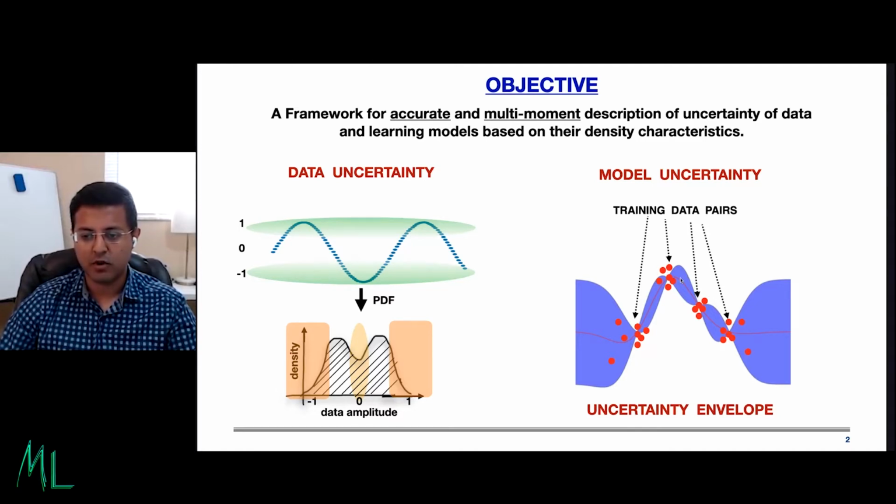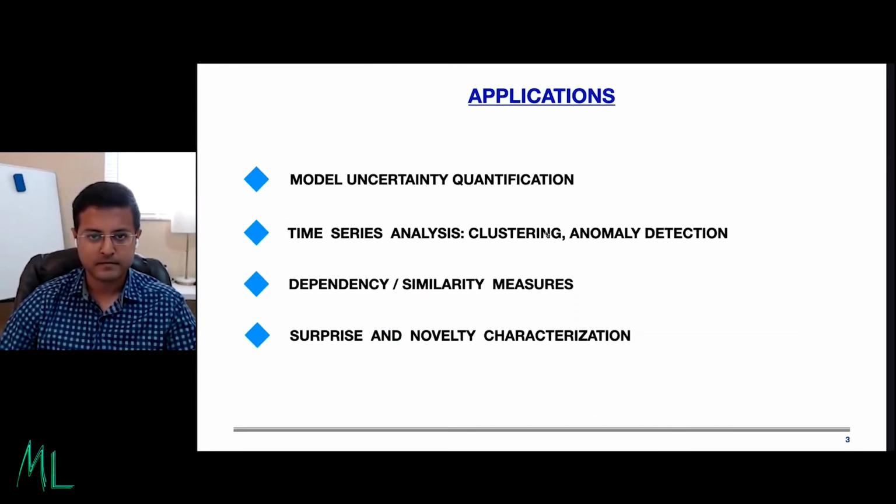And if your framework is efficient, it should even be able to spot regions in between the training data pairs that may or may not be inside the pattern that a model is trying to learn. So this is the goal of my framework, and although it's conceptually easy to understand, it's surprisingly very challenging to implement, and it's a very hot topic in current ML research.